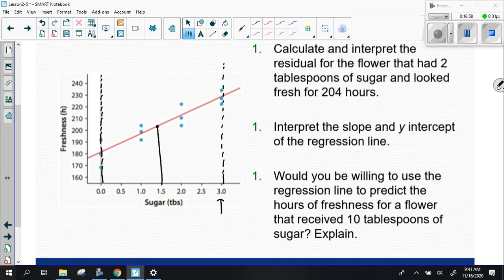But 10 is way out here, outside of our observed values. So we would say no. The value 10 is outside of our observed values. This is extrapolation.